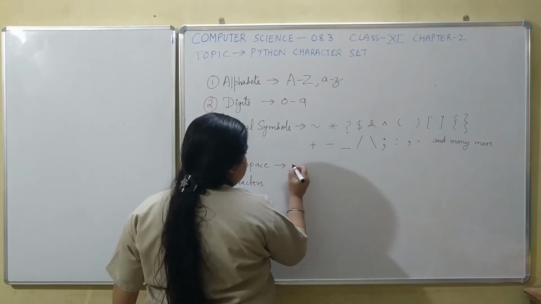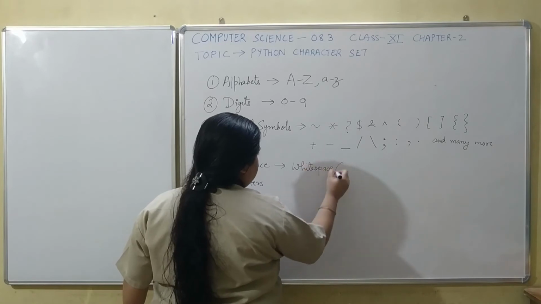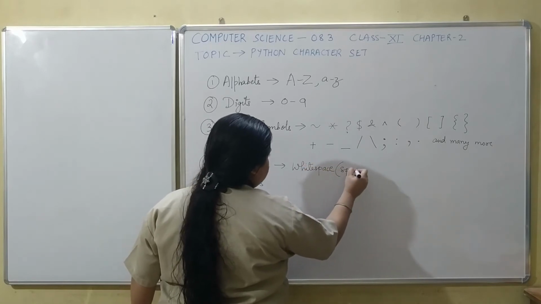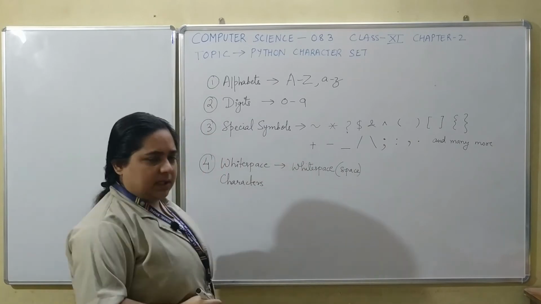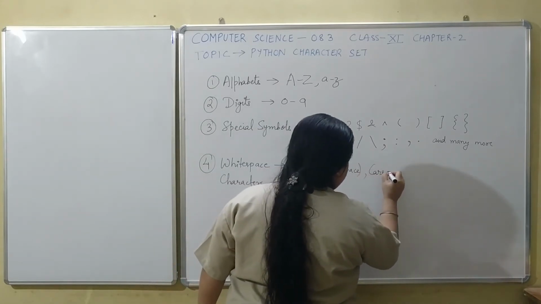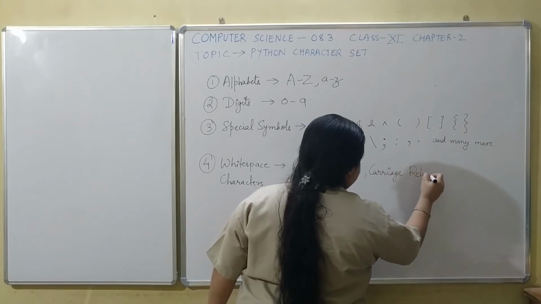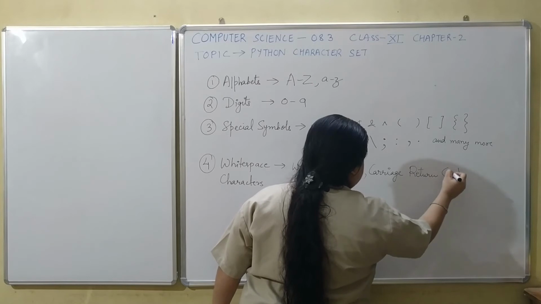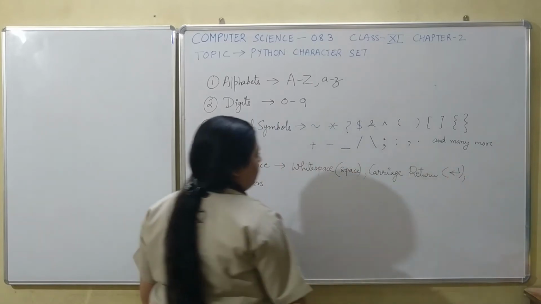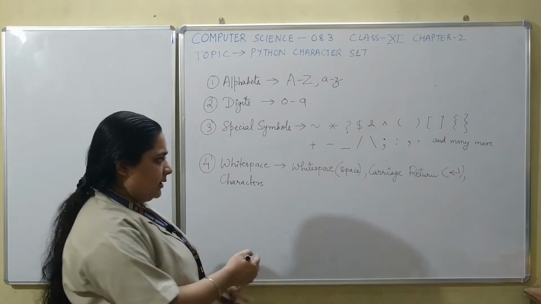You might have seen characters like a single white space, which we get using the space bar of your keyboard. Then you have carriage return, it is in this form, that is when you press the return key or enter key on your keyboard.